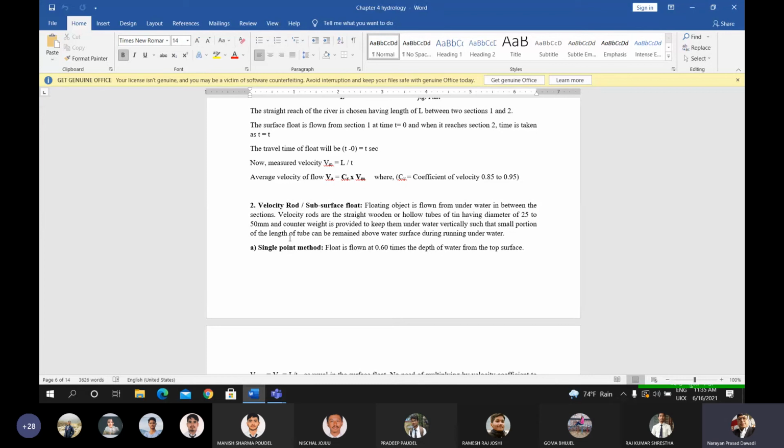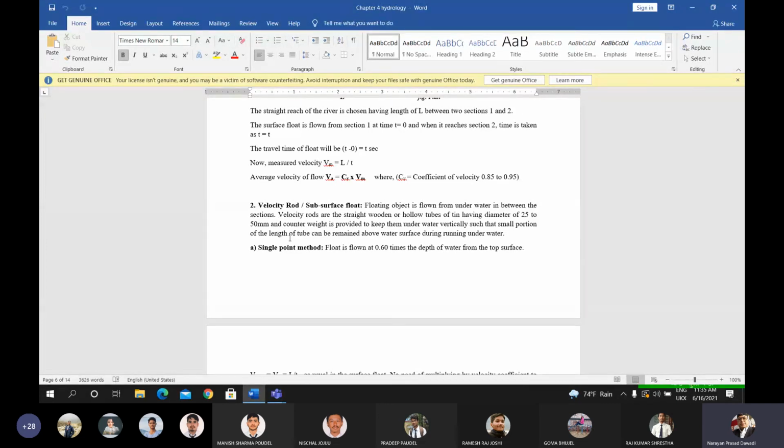That is called the single point method. Similarly, when the float flows from one section to another, a stopwatch is used for calculating the time of travel, and the distance between the two sections is measured, and the measured velocity is taken as L by T. That is the travel of the subsurface float, not the surface float.